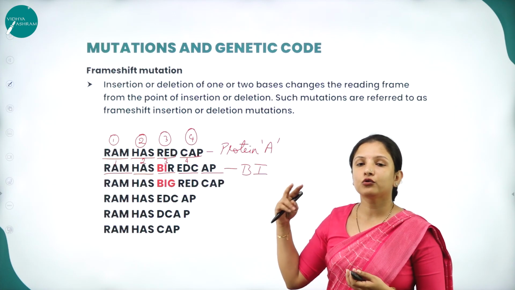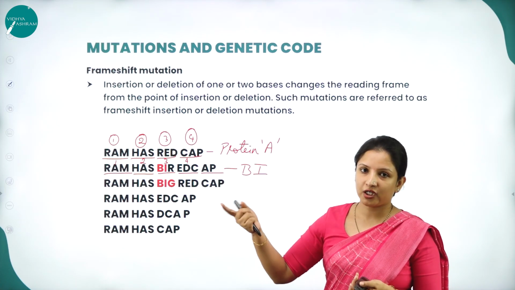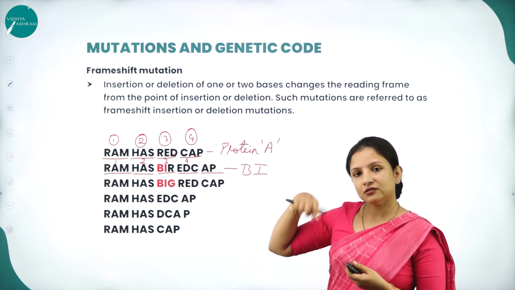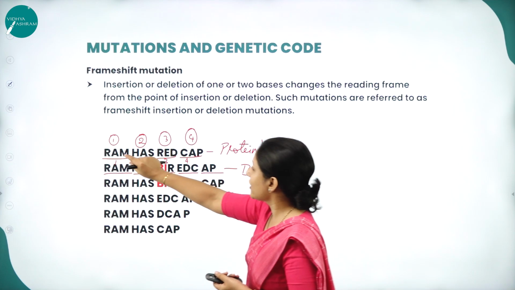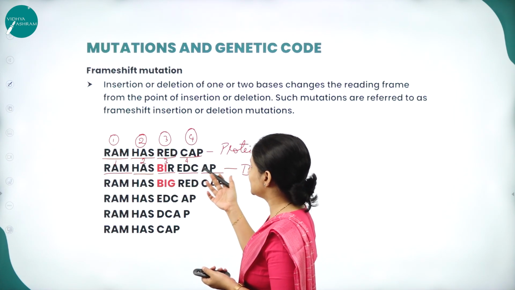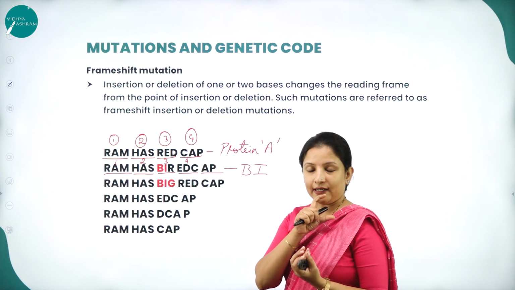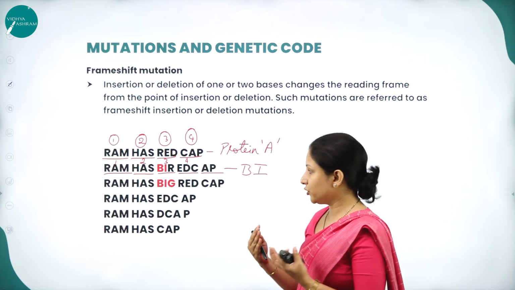One base pair insertion will result in point mutation. Here either insertion or deletion of one or two base pairs changed the entire reading of this frame, right? So Ram has Bir EDC AP, didn't it entirely change the reading there? That is what we call frame shift mutation.